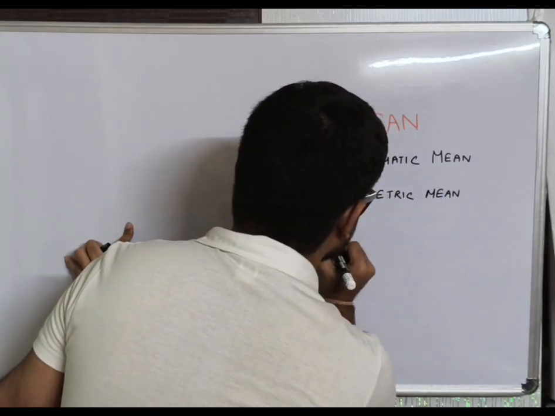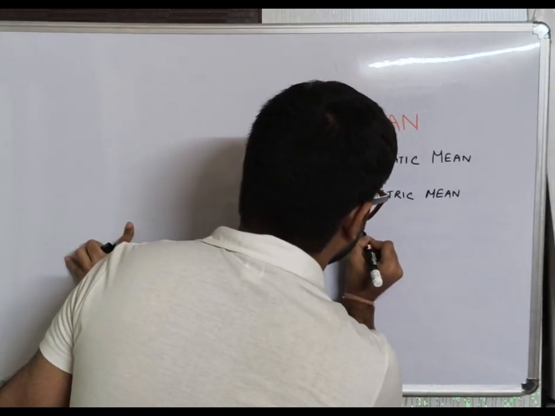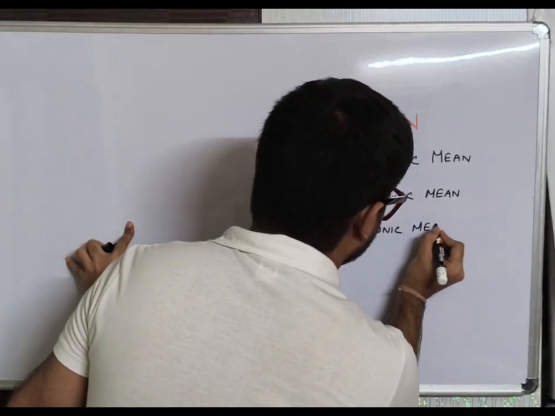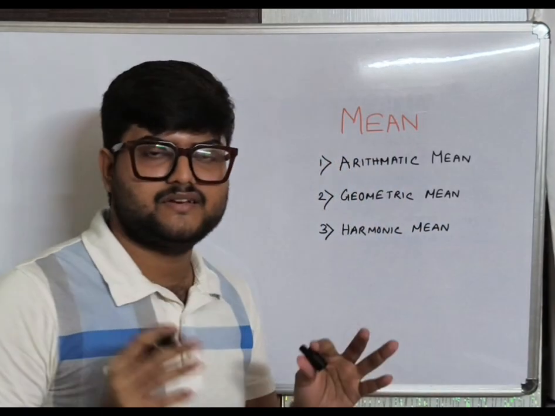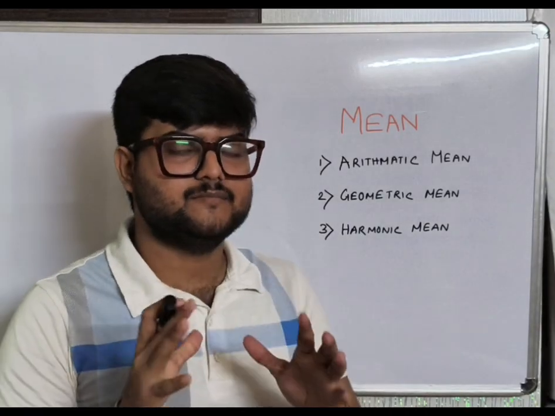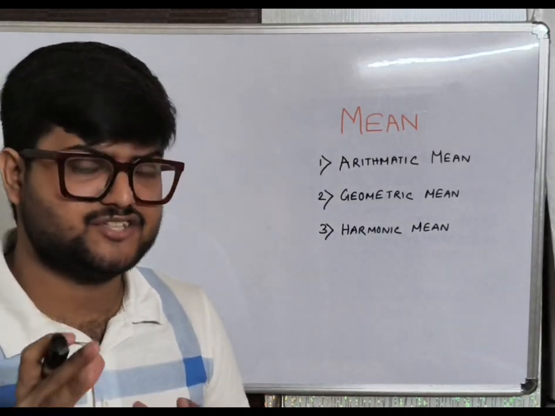And the third one is harmonic mean. So there are three types of mean, that is arithmetic mean, geometric mean and harmonic mean. In a very simple way, we will understand each of them.